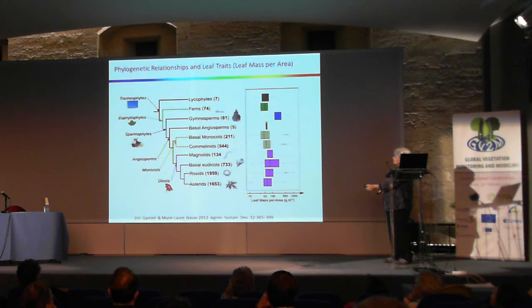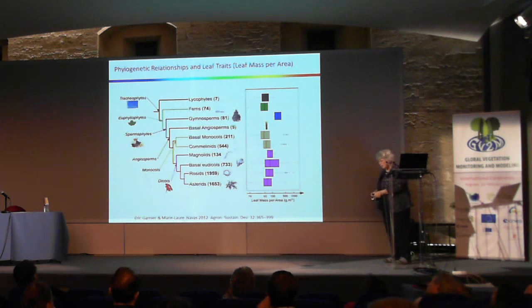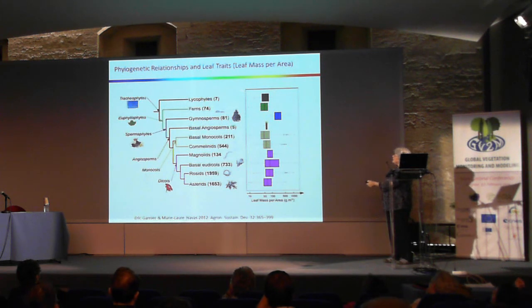That's all I wanted to say about that. I did want to point out that there's quite an active interest in the plant biology research community in the phylogenetic relationships for these leaf traits.